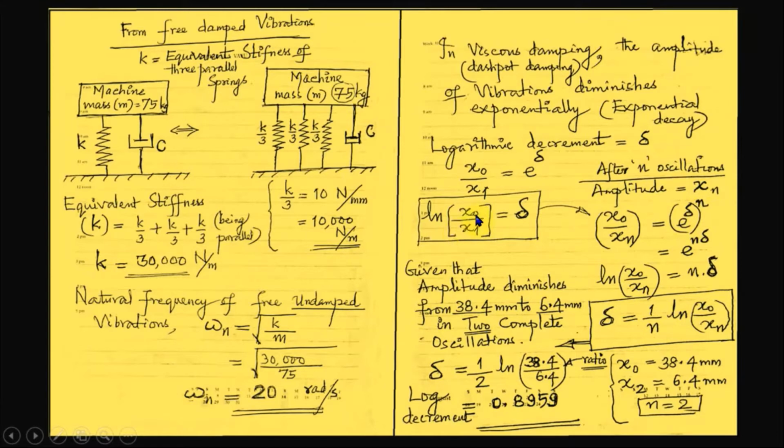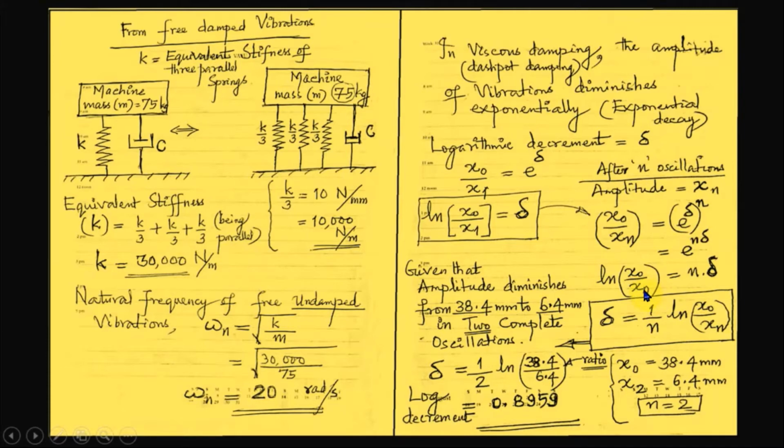See, logarithmic decrement, if you take the antilog of this relation, that is x0 by x1 is equal to e raised to delta. Similarly, this is same as the case of x1 by x2, x2 by x3, x3 by x4 and so on. So x0 by xn, the product of all such ratios together, will be e raised to delta whole raised to n. So that is e raised to n delta.